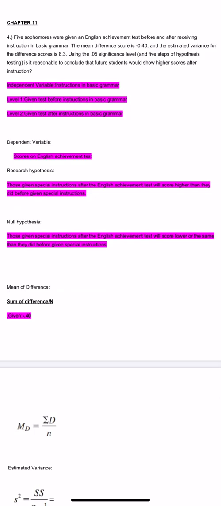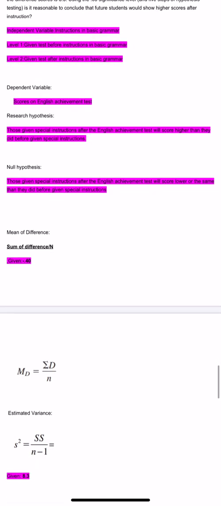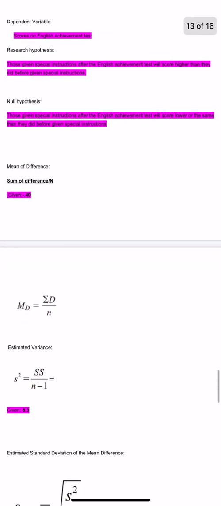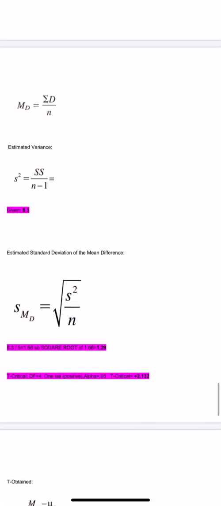So the research hypothesis: those given special instructions after the English achievement test will score higher than they did before given special instructions. Null hypothesis, opposite that: those given special instructions after the English achievement test will score lower or the same than they did before given special instructions. Mean of the difference, negative 0.40, given, no need to solve.